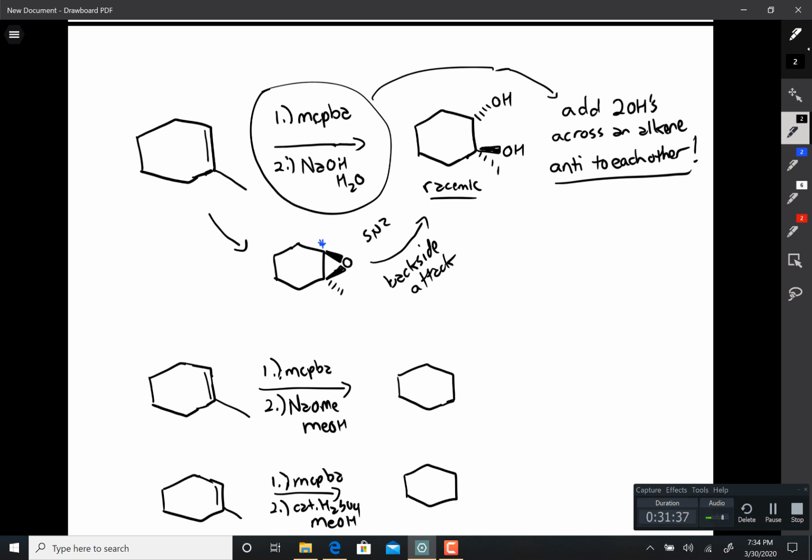The difference being where the OMe ends up. In case of base, it ends up on the less substituted side. Sorry, not less substituted, less hindered side. I have to be more careful. And if you're doing an acid, the OMe ends up on the more substituted side.